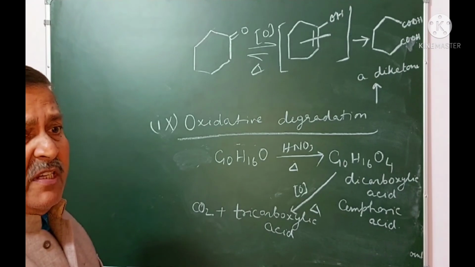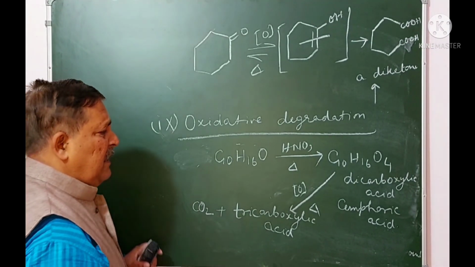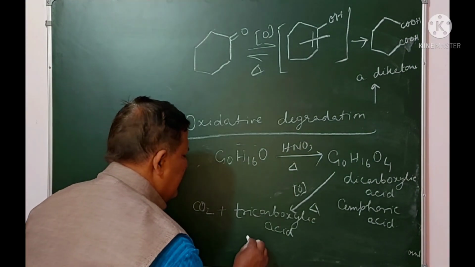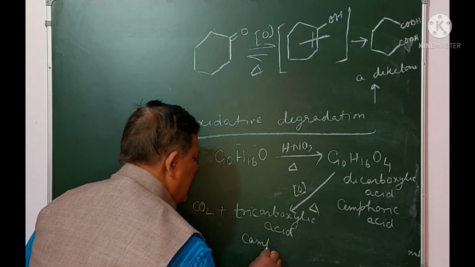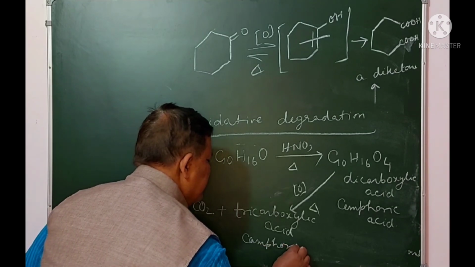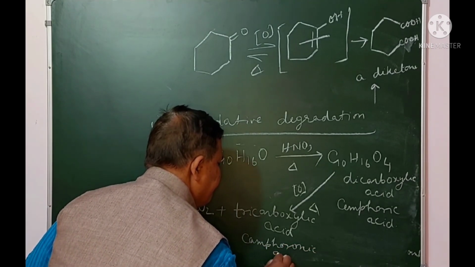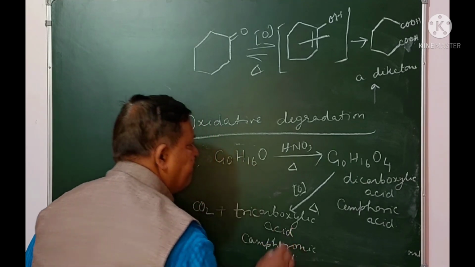And this tricarboxylic acid is identified as camphoronic acid.